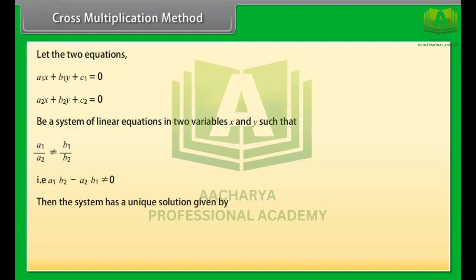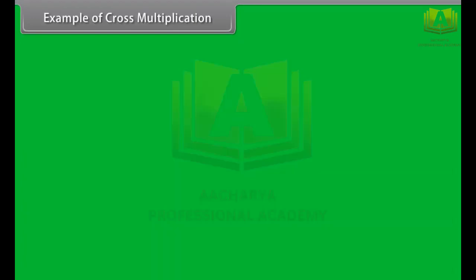Then the system has a unique solution given by x = (b1c2 - b2c1) / (a1b2 - a2b1) and y = (c1a2 - c2a1) / (a1b2 - a2b1).